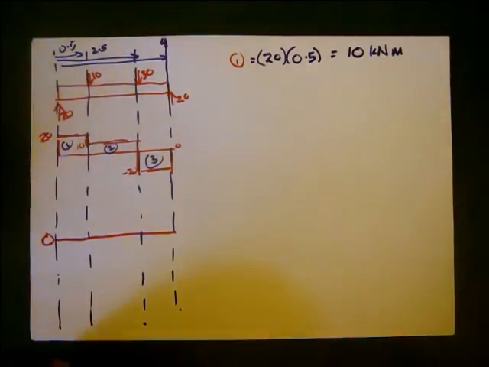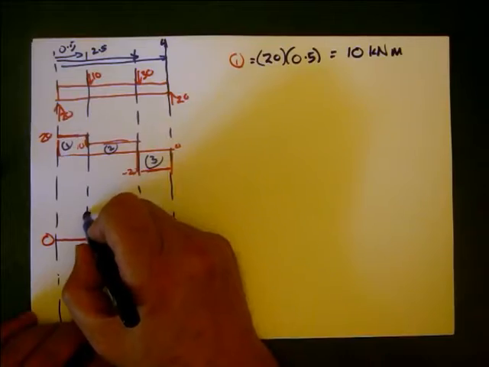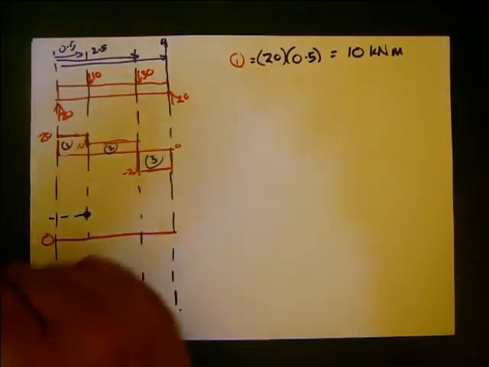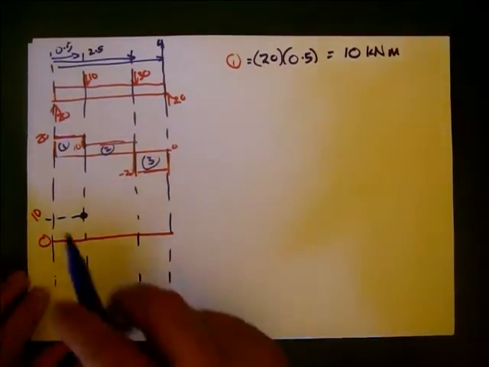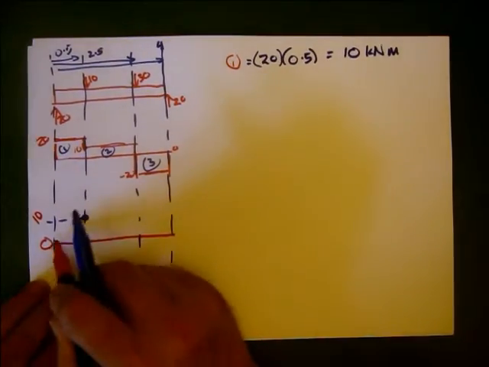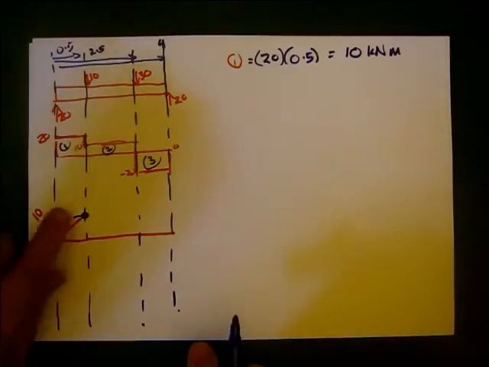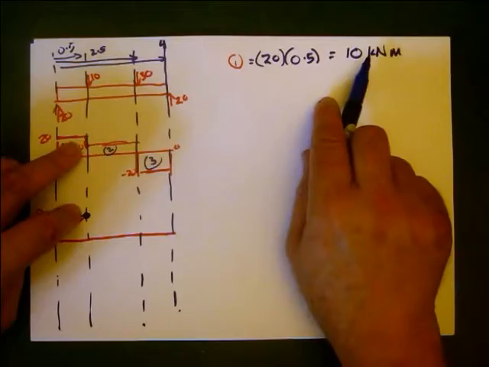So I know at this point, after it's gone, this is going to be 10 kilonewton meters. So what I can then do is draw a line in, going up from 0 to 10. That tells me at this point, after I've added all that up, that area is equal to 10 kilonewton meters.